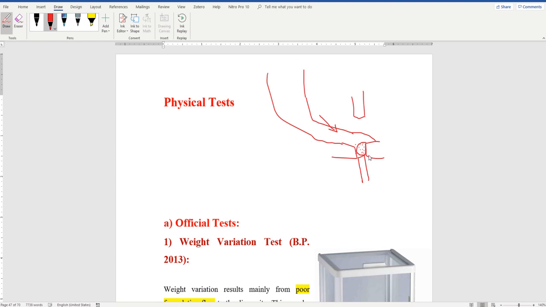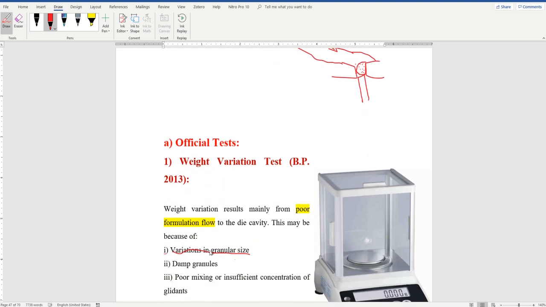So this is another reason why variation in granule size can cause this problem in filling. Another thing which can cause poor flow: damp granules.